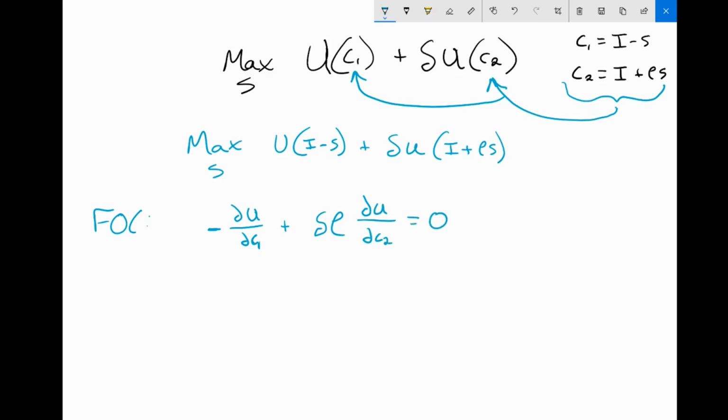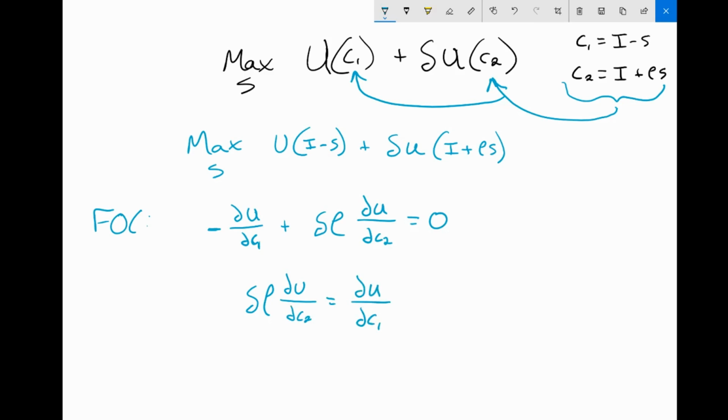Now again, here we have this equal marginal principle, this first order condition. We can set the marginal benefit equal to the marginal cost. The marginal benefit is that utility in the future goes up.